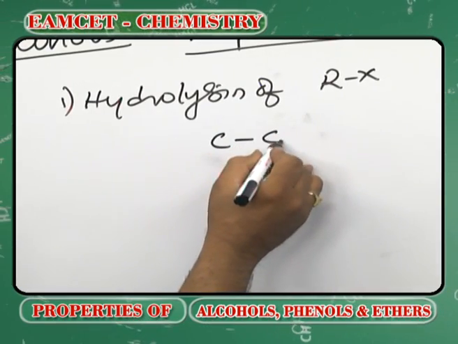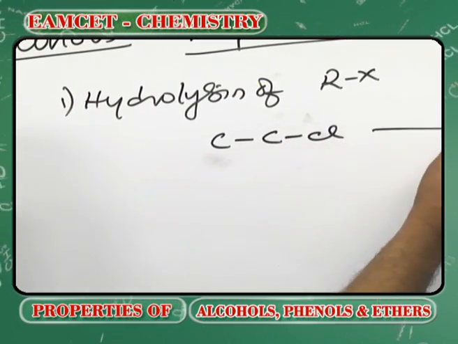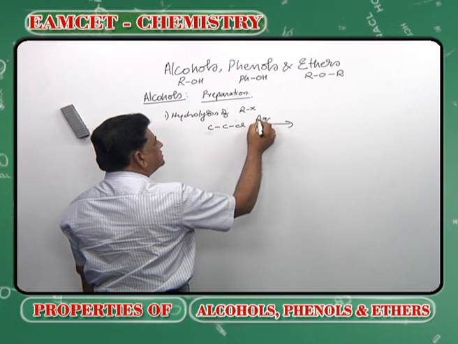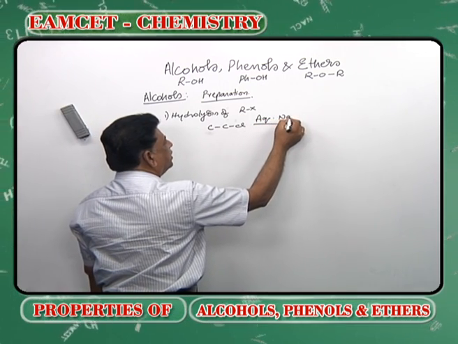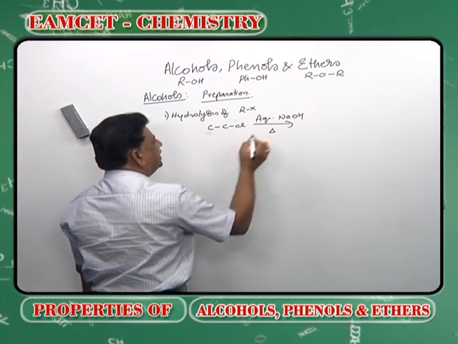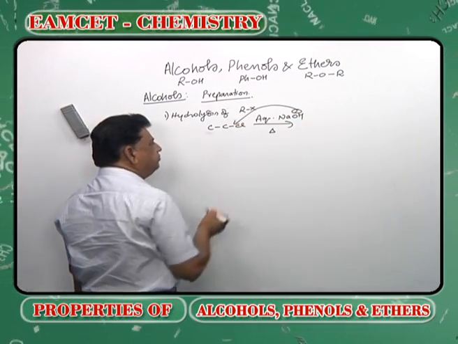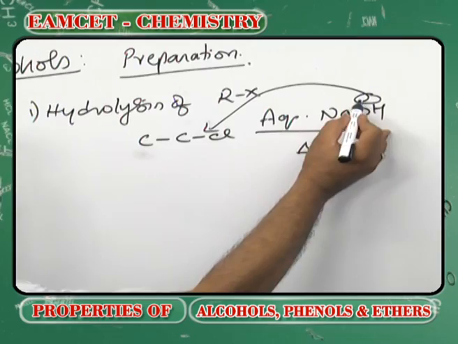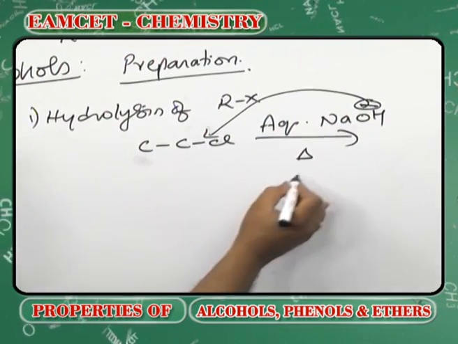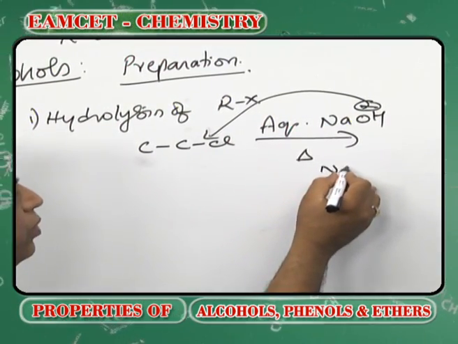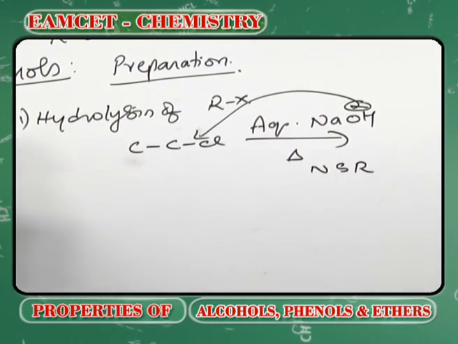The simple example is ethyl chloride, which you boil with aqueous, water soluble sodium hydroxide for some time. The OH makes a substitution reaction. OH minus will replace the Cl. It happens to be a nucleophilic substitution reaction.